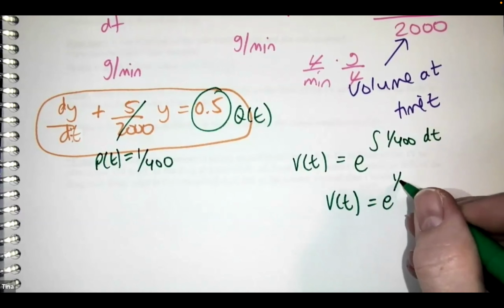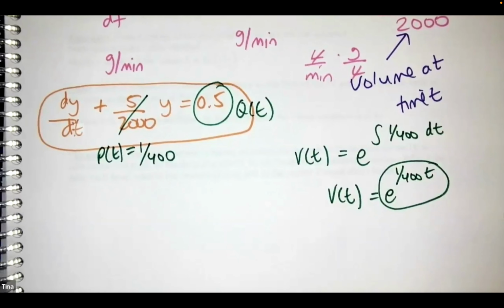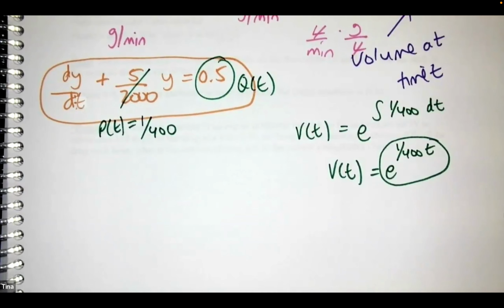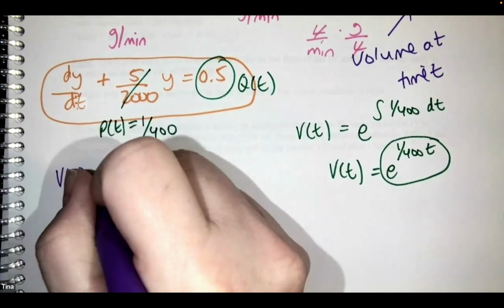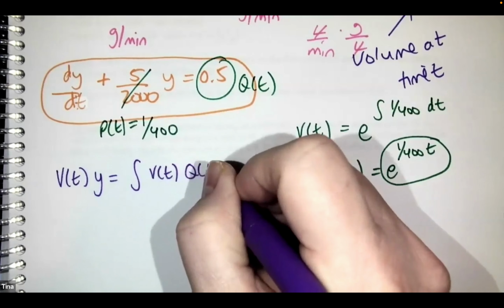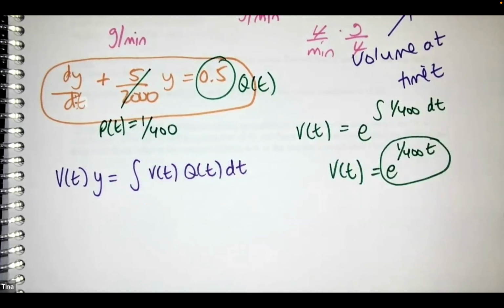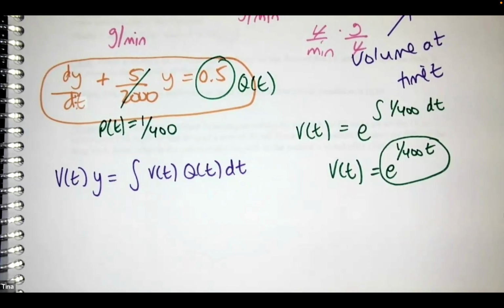So it's just e to the 1 over 400 times t. And then we have our solution, just like always. v of t y is the integral of v of t q of t dt. So that's v of t. So go ahead and fill it in, what you would get here.